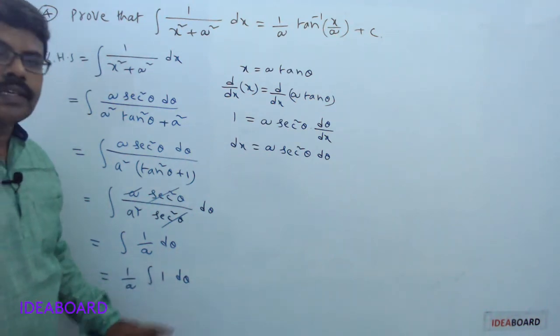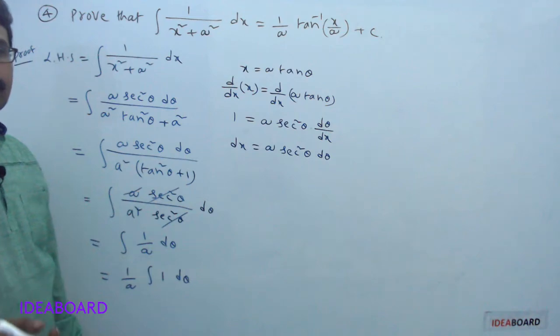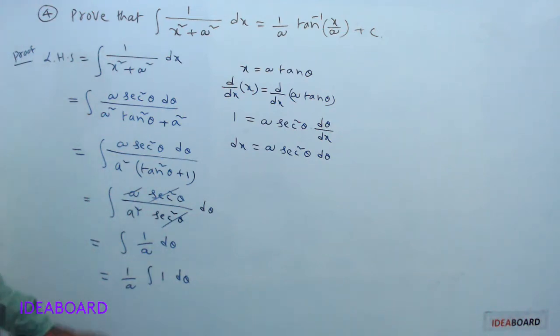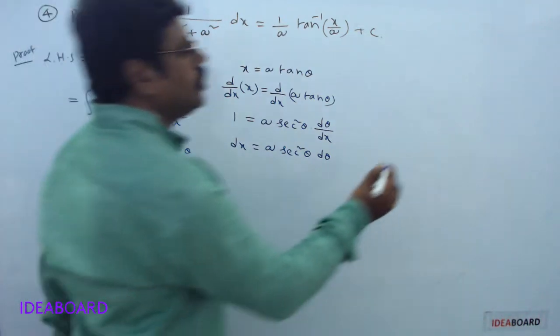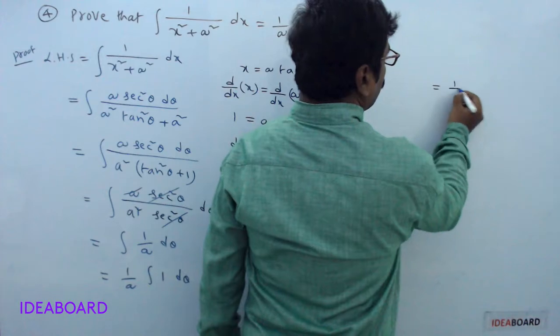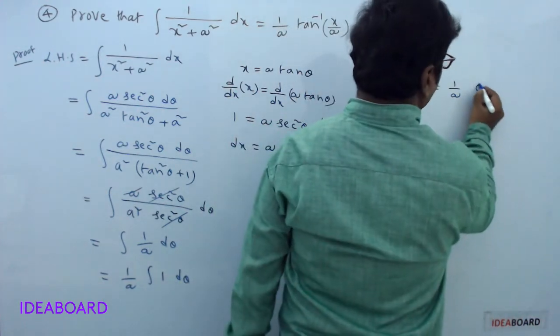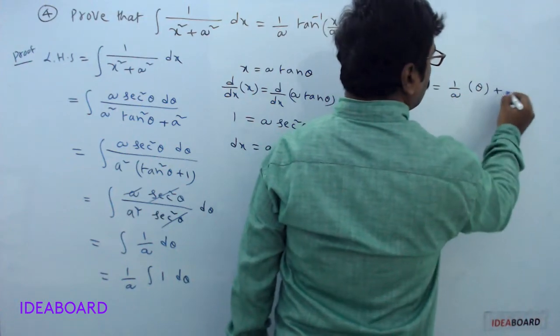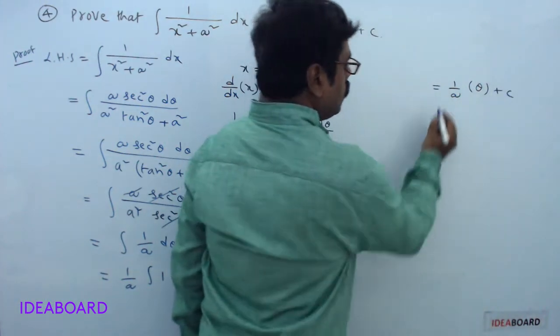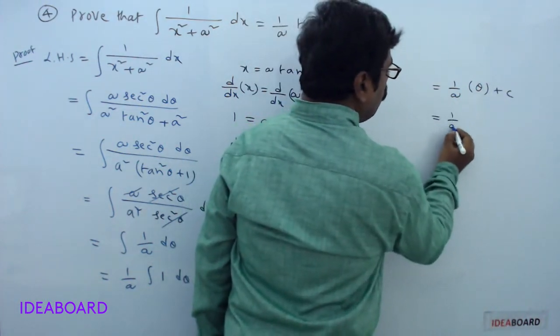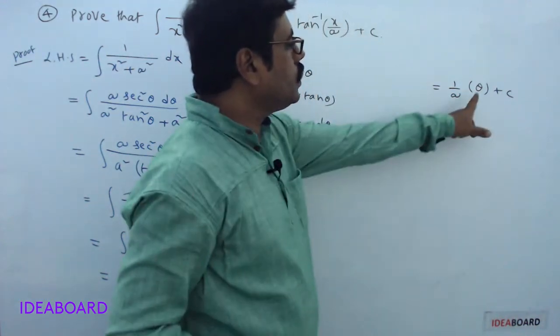Integral 1 dx is x plus some constant c, so integral 1 d theta can be taken as theta plus some constant c. So this is equal to 1 by a into theta.